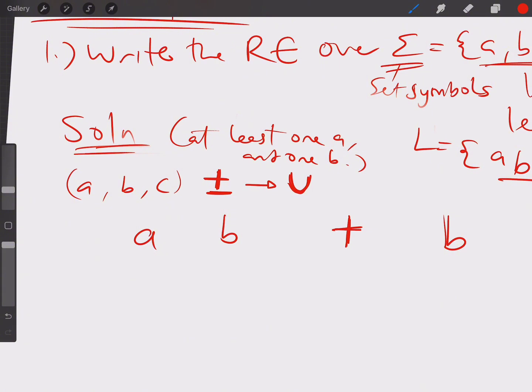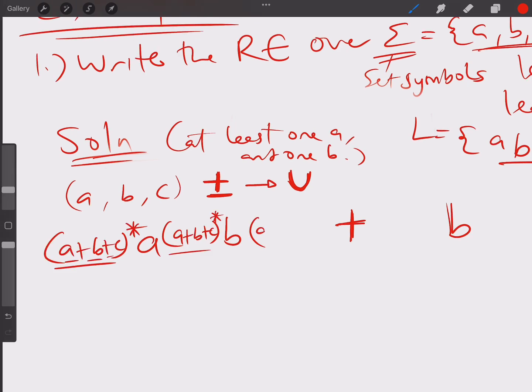Then for here we can also have A plus B plus C star, meaning we can have A, B or C. This is a union, and then this Kleene closure means there could be an empty string, so that can also happen. And then we can have the same here, A or B or C star.